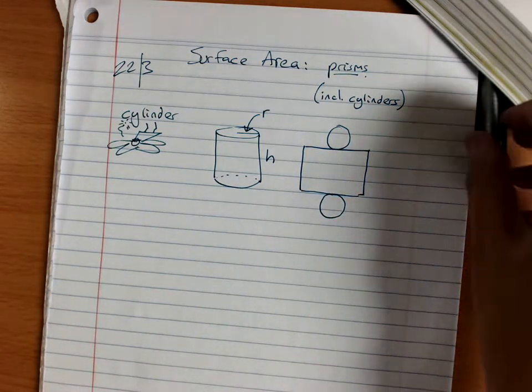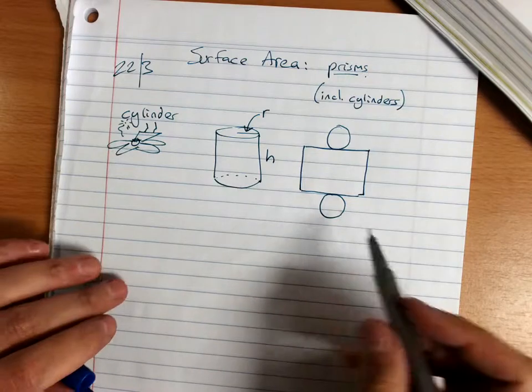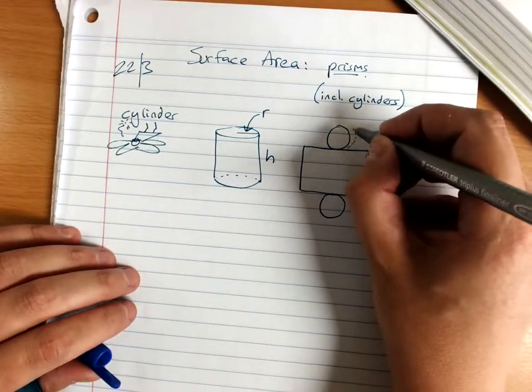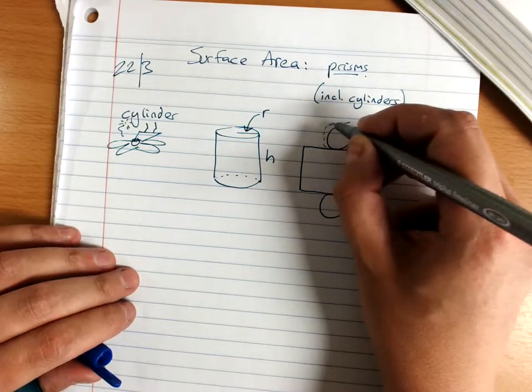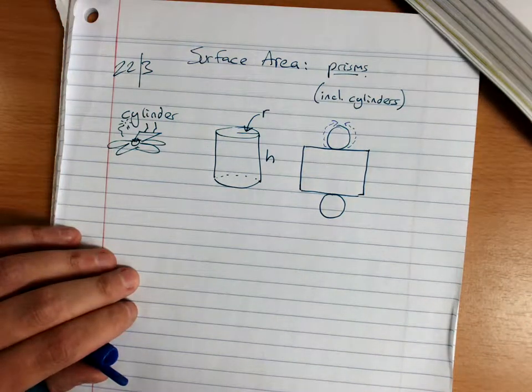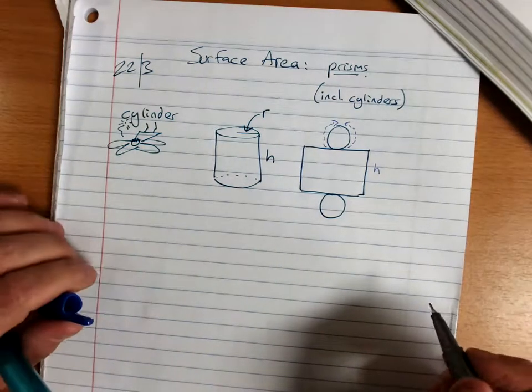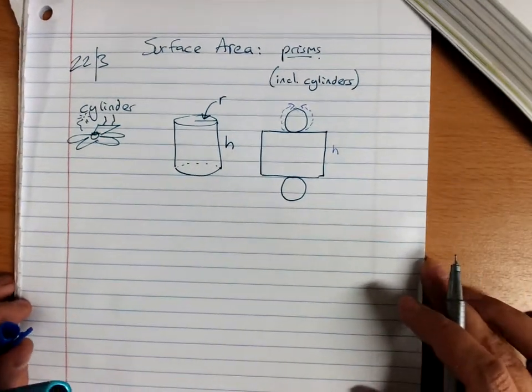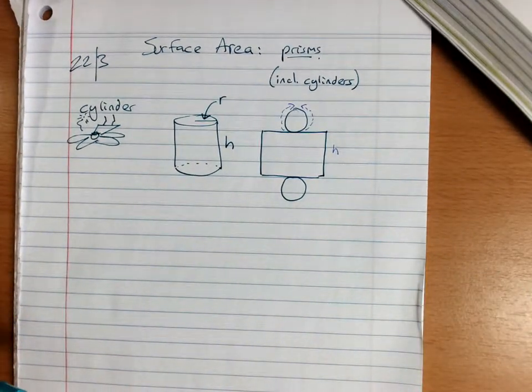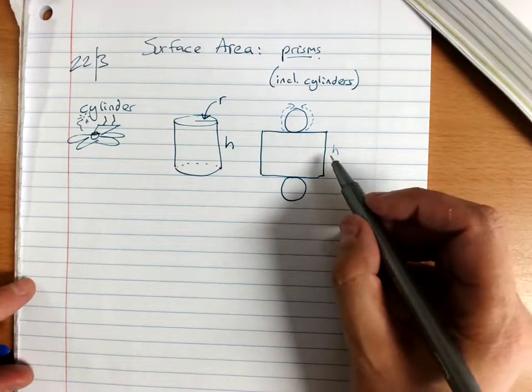of those shapes. So the rectangle that wraps around this Pringles can has to wrap all the way around the perimeter of that circle. The height of the prism is also called perpendicular height, and it is the distance between the two identical faces.